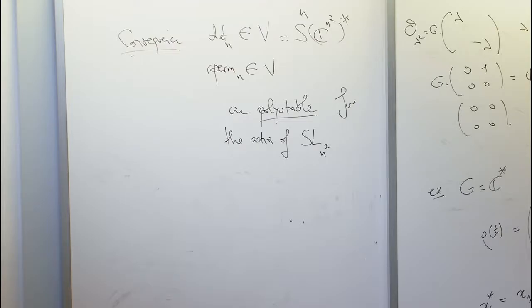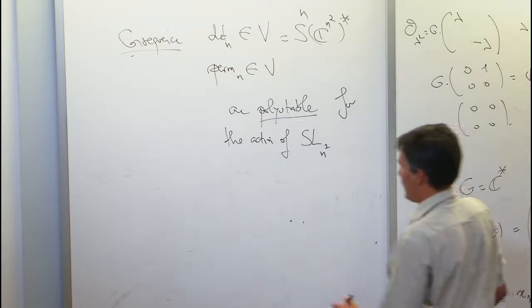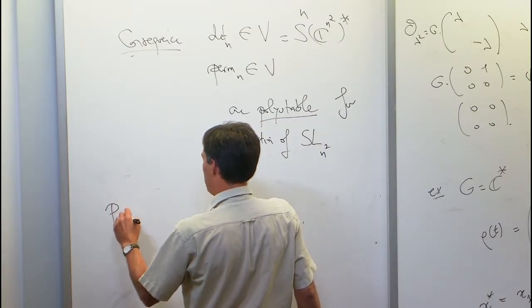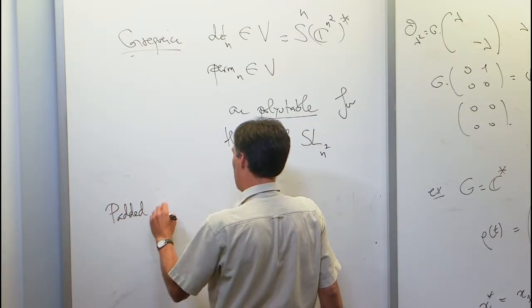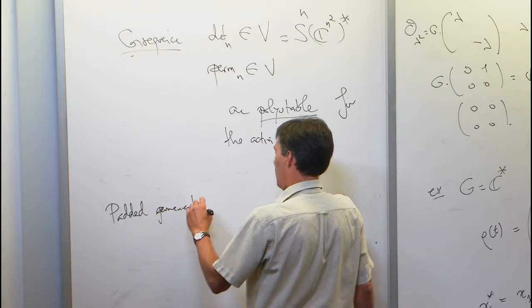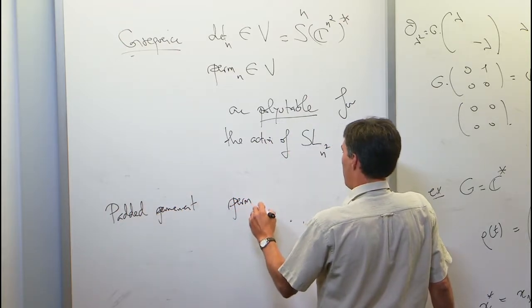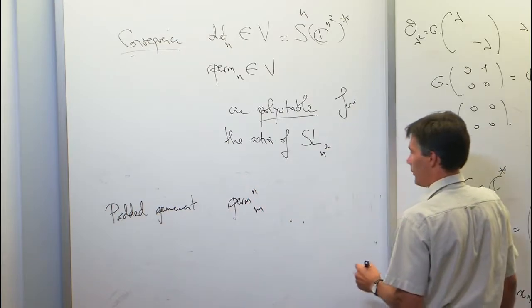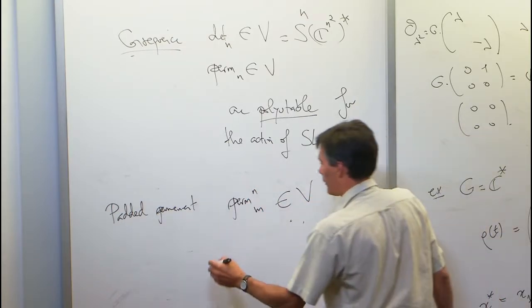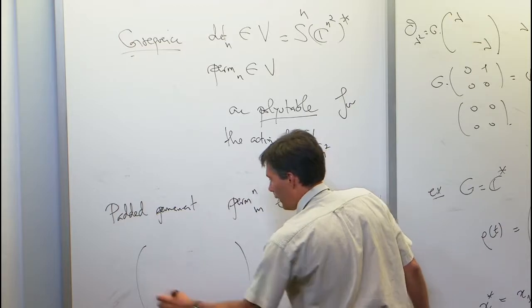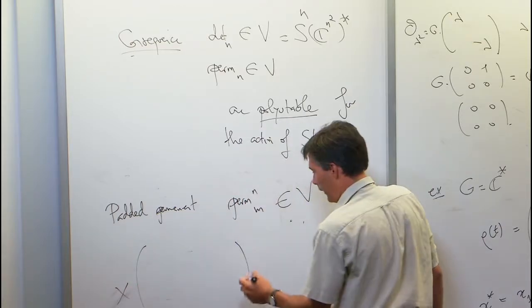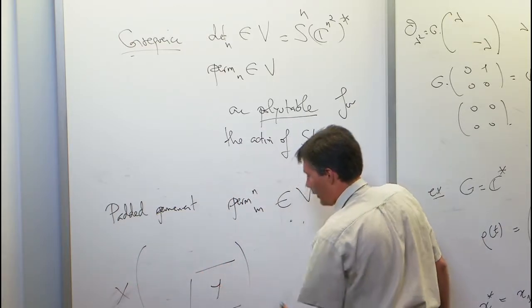What about the padded permanent? Yeah, so the padded permanent. Remember, perm is notation, still in V, so you have a matrix X, n by n, and you just keep the block m by m here.